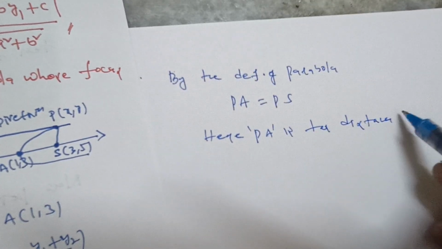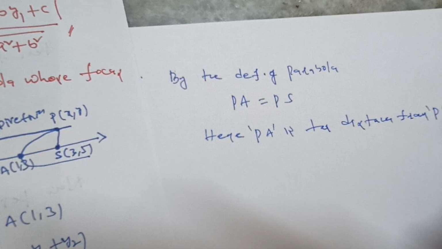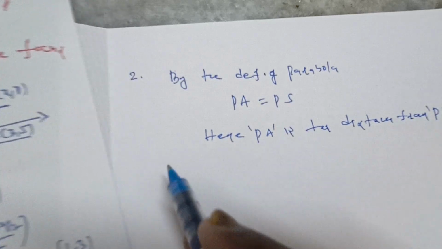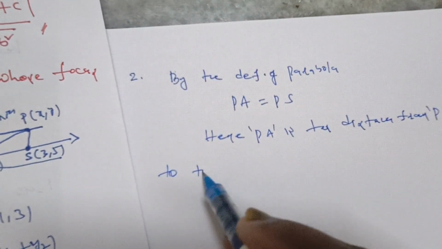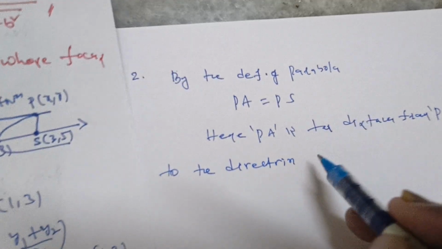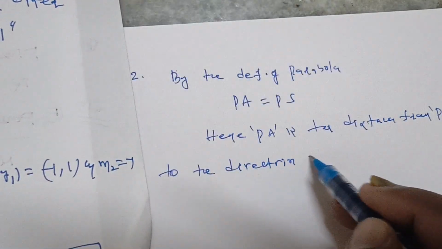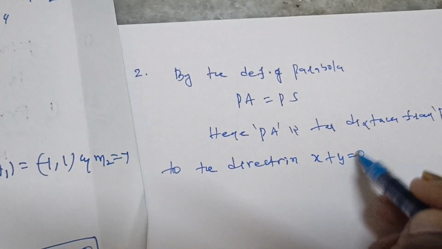The perpendicular distance from P (x, y) to the directrix. What is the directrix equation we found here? x + y = 0.